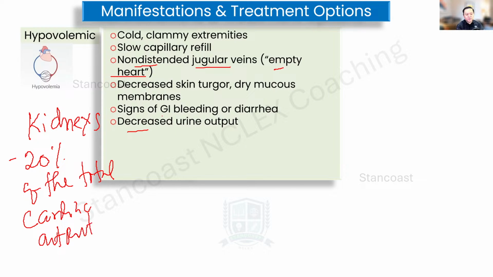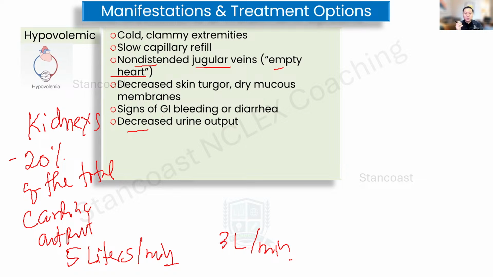So if we are supposed to have 5 liters per minute, and there is a drop in the cardiac output because of the hemorrhage, or let's say the dehydration, so imagine if there's only 3 liters per minute pumped by the ventricle. What's the cardiac output? I mean, what's the percentage? It's gravely diminished.